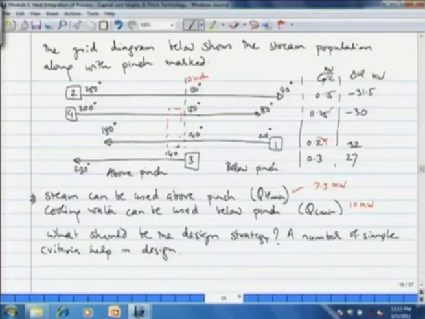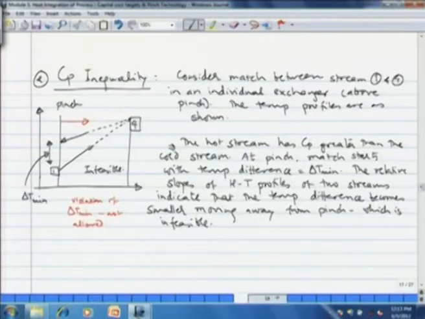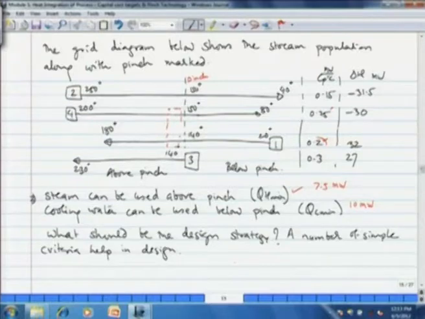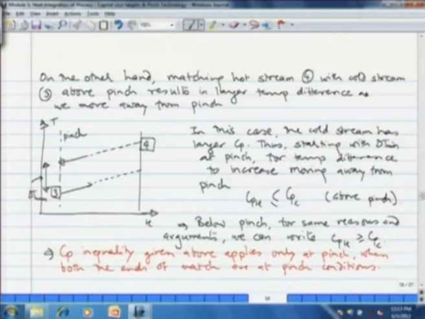If you match 4 with 3, we are matching stream 4 with the cold stream 3. 4 has a Cp of 0.25, 3 has a Cp of 0.3, which means the cold stream has Cp higher than the hot stream. Therefore, the temperature difference is likely to increase as we go away from the pinch.